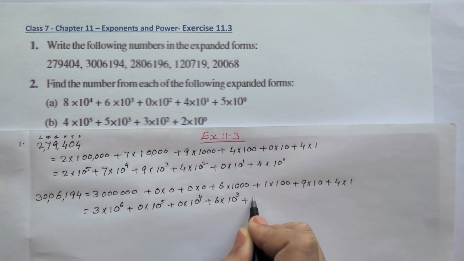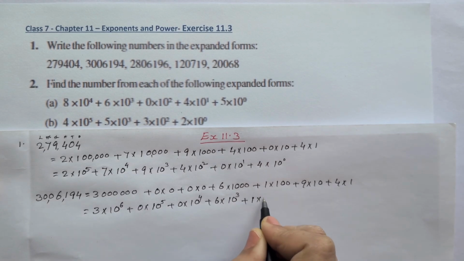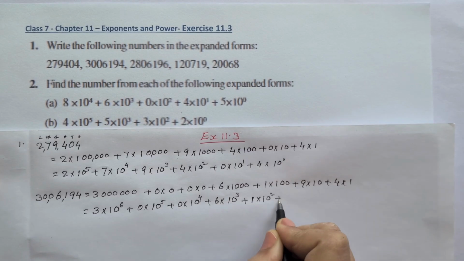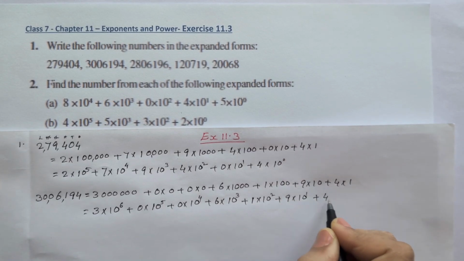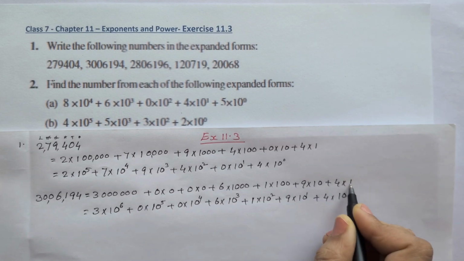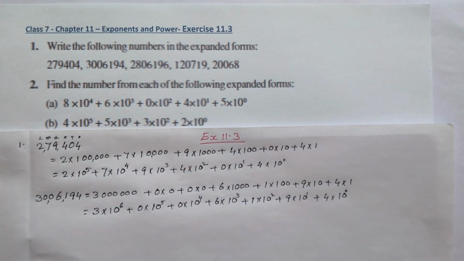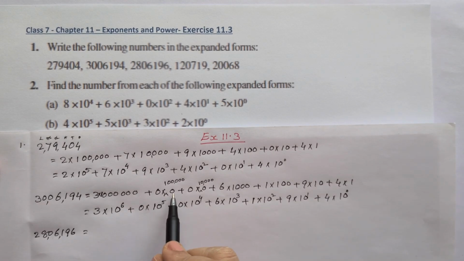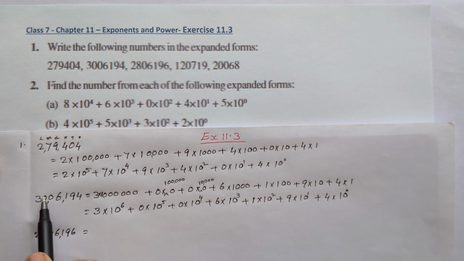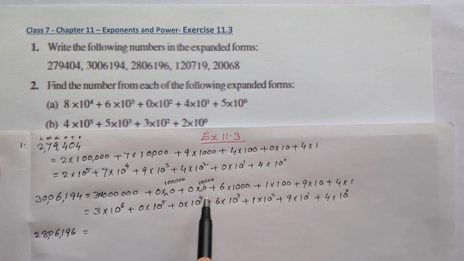Plus 1 into 10 square plus 9 into 10 raised to 1 plus 4 into 1 means 10 raised to 0. So we write 0 in the 10 lakhs place, then again 0 in the 10,000 place, and then 6.